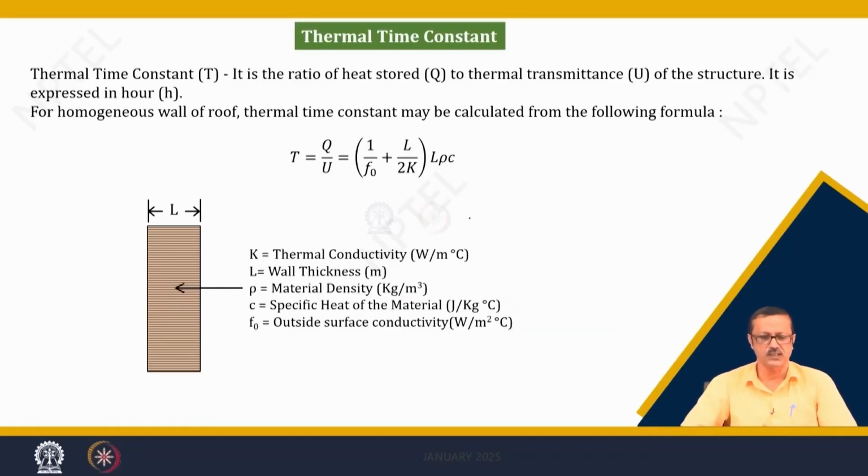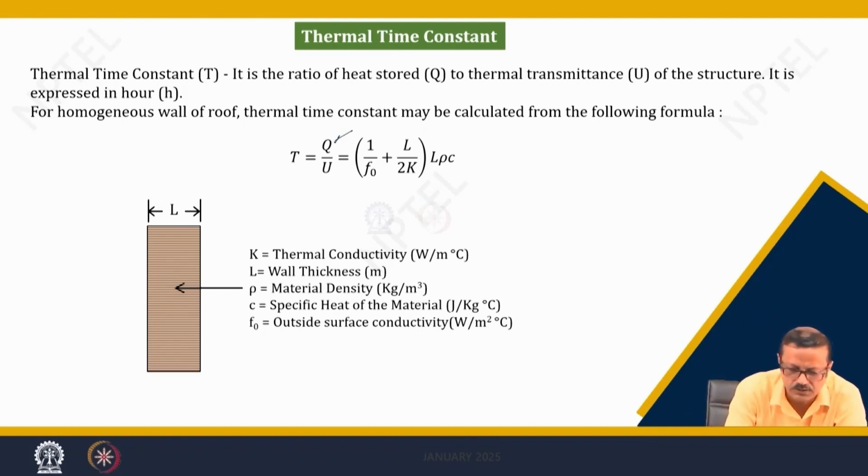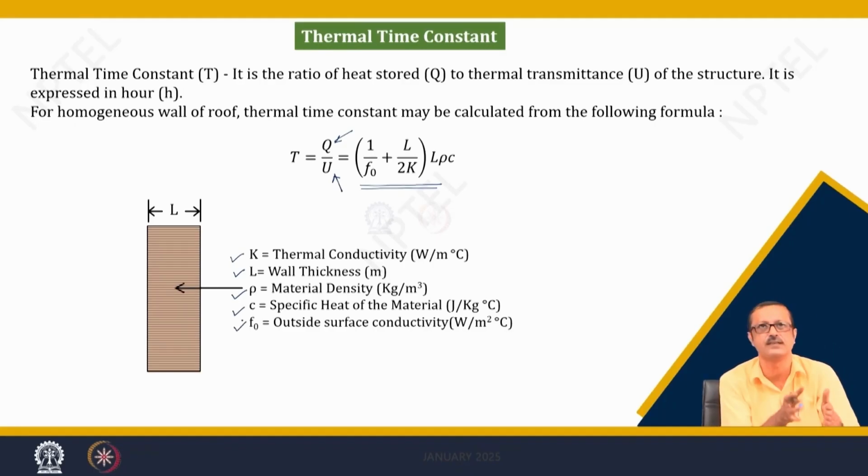This is one of the parameters which was devised, and it was given in SP 41, our Bureau of Indian Standard Code. It is the ratio between the heat stored Q divided by the U factor, the U value, and it is actually governed by this equation, where L is the thickness, K is the thermal conductivity, rho is the density of the material, C is the specific heat of the material, and F naught is the outdoor or outside surface conductivity.